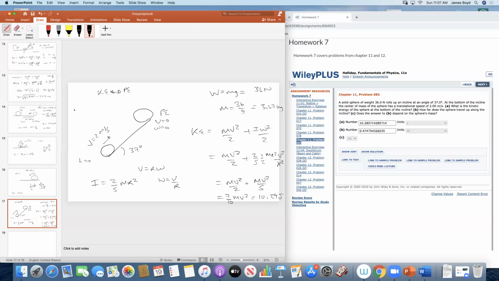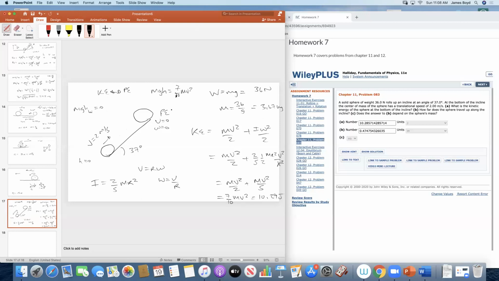So we're assuming that mgh at the bottom was 0. It was all kinetic energy here, and here it will be all potential energy of gravity. So this is going to be equal to 7/10 mv squared, right? Or our number, 10.29 joules.